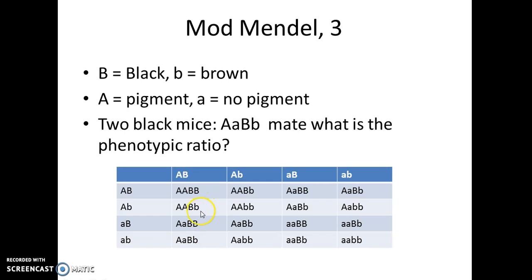We have 9 black mice, 3 brown, and 4 white because they have no pigment. So it's 9 to 3 to 4: 9 black, 3 brown, 4 white. Doesn't seem like the easy ratios that we've had before.